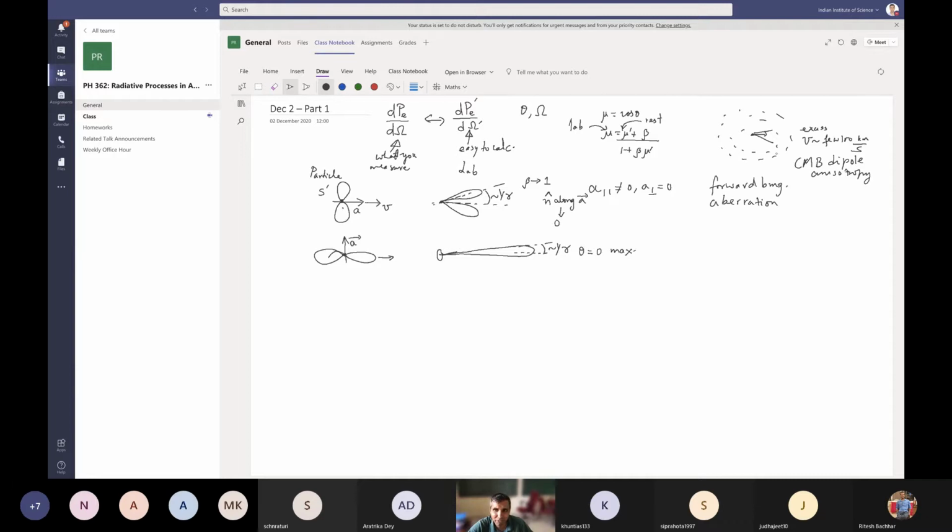All these are actually effects because of aberration, that light does not travel isotropically in a frame in which the particle is moving. Okay, so these things have very important consequences. Okay, so this is really from the previous class. So now we'll get started with the last portion of this chapter 4.